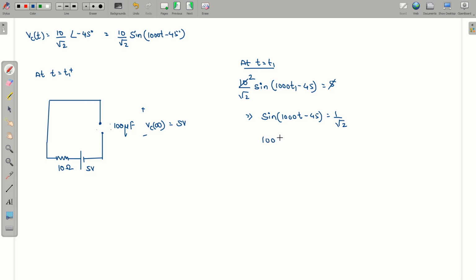So 1000 t1 minus 45 degrees, let me write it in radians because the argument is a radian quantity. 1 by root 2 means sine of pi by 4. So 1000 t1 is pi by 2, and t1 is equal to pi by 2 divided by 1000 seconds.